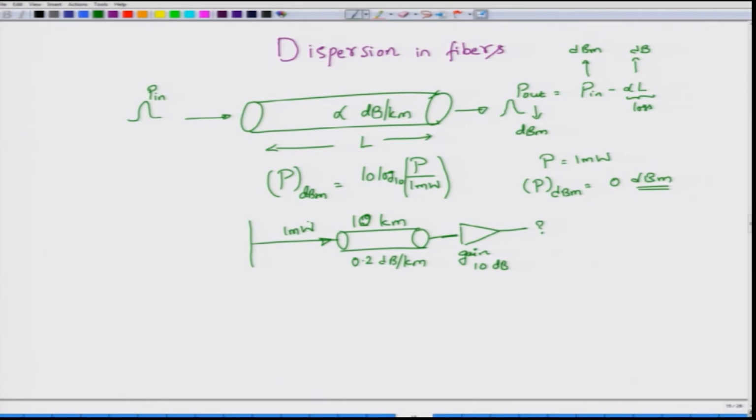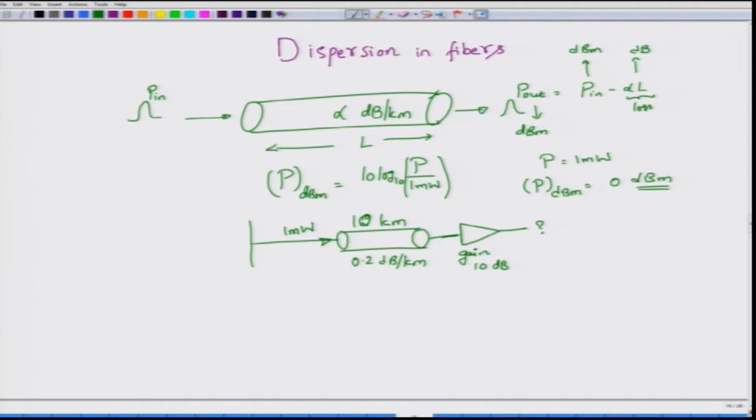To answer such questions, using the linear scale would be a little uncomfortable, because you have to convert the loss of 0.2 dB per kilometer and the overall loss into the linear scale, multiply the launch power of 1 milliwatt by this factor, and then also multiply by the gain after converting the gain of 10 dB to the linear scale.